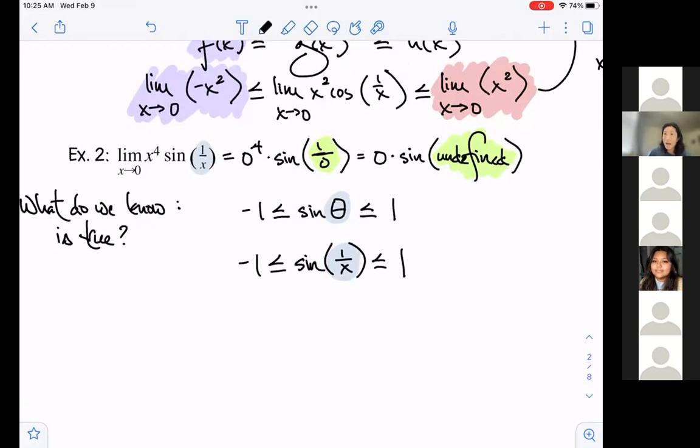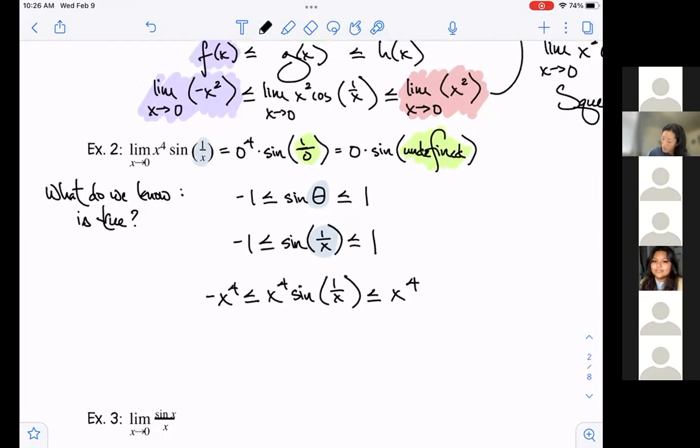All right, now I think we can multiply by that x to the 4th. And so we'll get negative x to the 4th less than or equal to x to the 4th sine of 1 over x, less than or equal to positive x to the 4th.